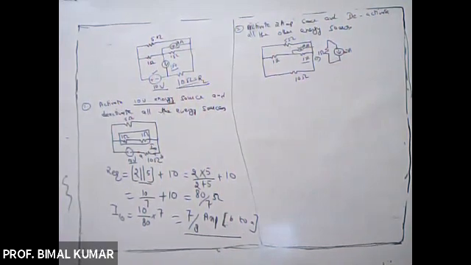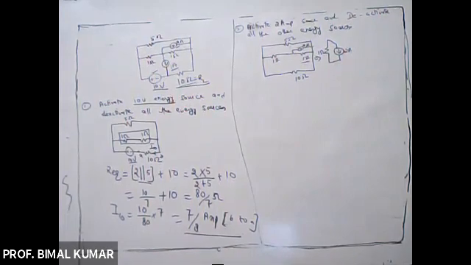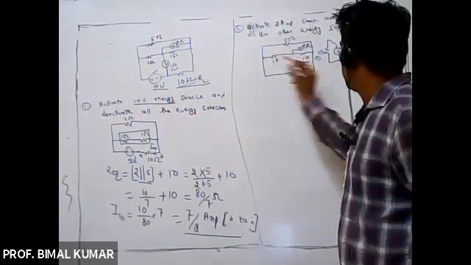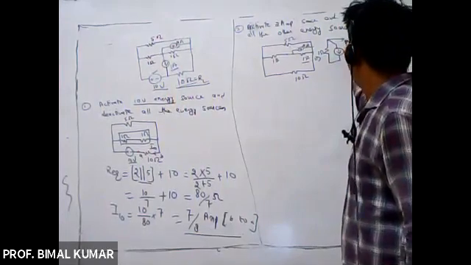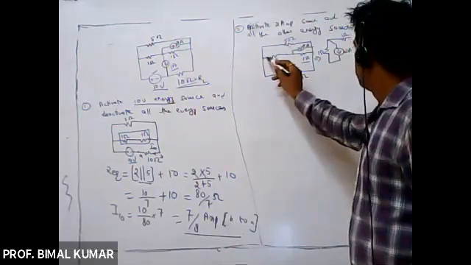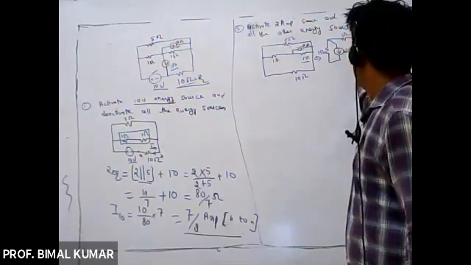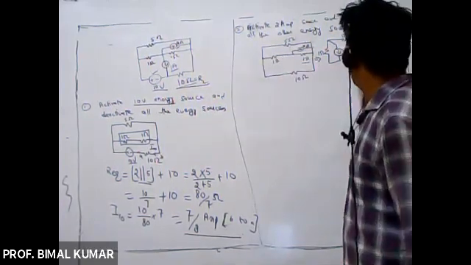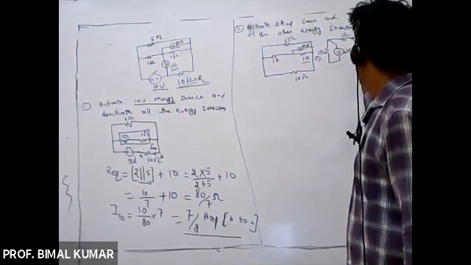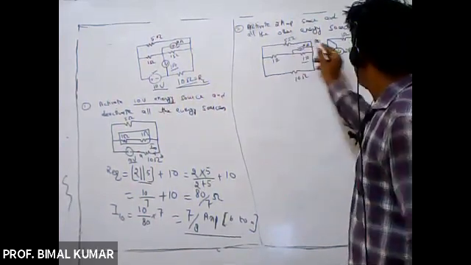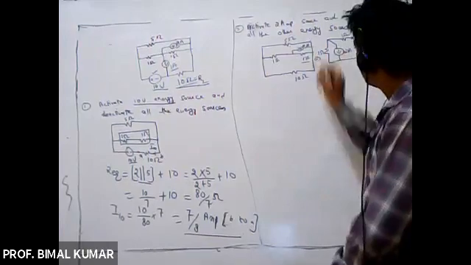Then after that, the tail of this is connected with 1 ohm, and the second terminal of this 1 ohm is connected with this 5 ohm. Then the second terminal of the 5 ohm is connected with the head of the 2 ampere source.